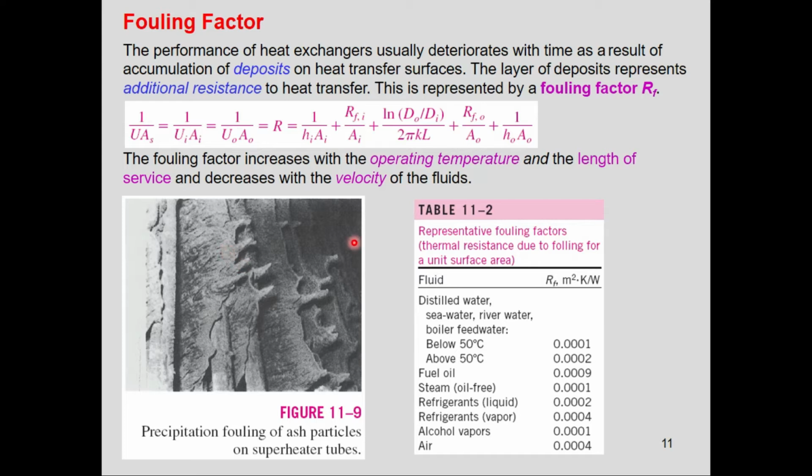And the length of service is another important parameter. If you are using the heat exchanger for the last 6 months, there may be less fouling, or if we are using the particular heat exchanger for the last 6 years, there may be a chance that there is a high amount of fouling inside the heat exchanger.